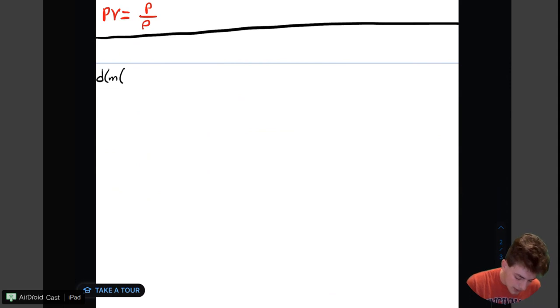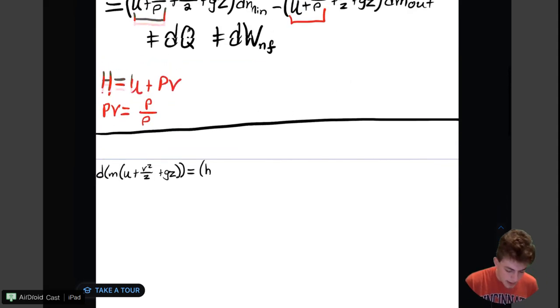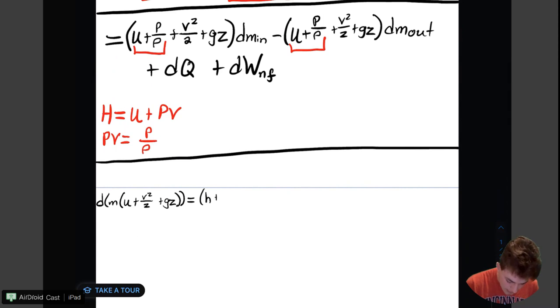Again, this is going to be our left side. This is just all of our energy equivalences that we've already discussed, and that's going to be equal to, again, our entire right side. So, we can say H now, and this will be our inlet terms here.